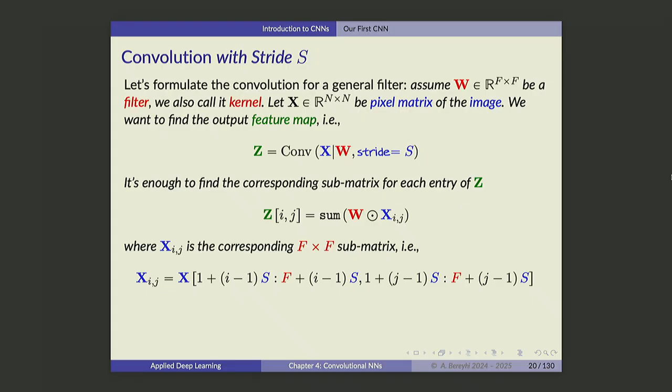And your weight is always getting multiplied with this part of the matrix. This is always an f times f part of your matrix. You add up everything, and then you write it down for z, right? So you don't really need to memorize anything here, because anytime you want to do it, you see what is happening, right? That's just to give you the formulation.